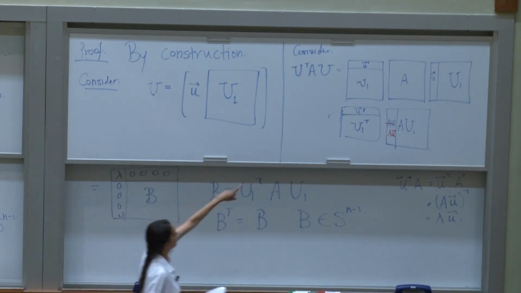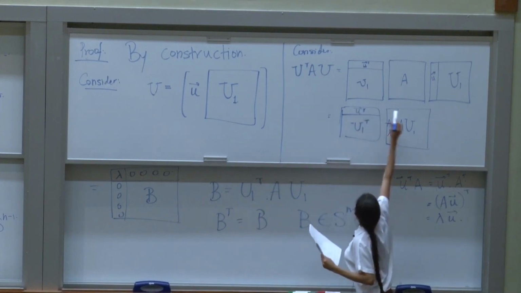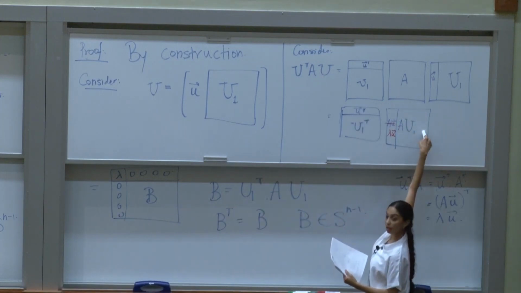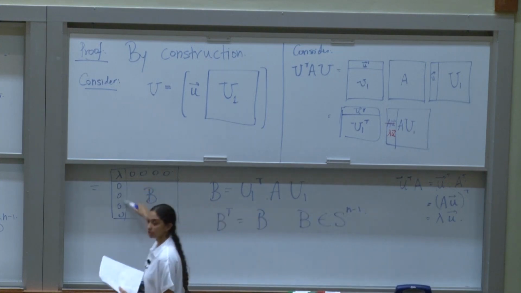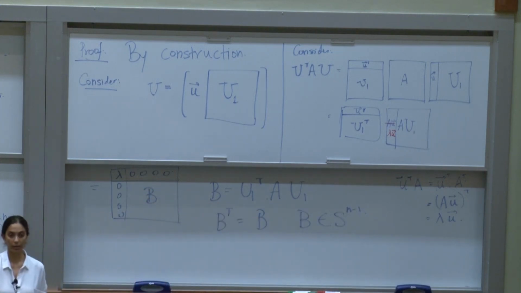So you're basically using the fact that U is orthogonal to every single column here to be able to get this row of zeros and this row of zeros. Okay? And you're using the fact that A is symmetric.